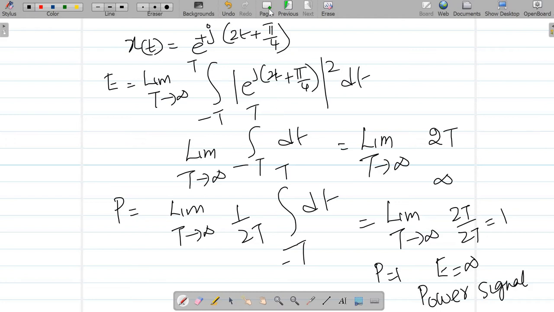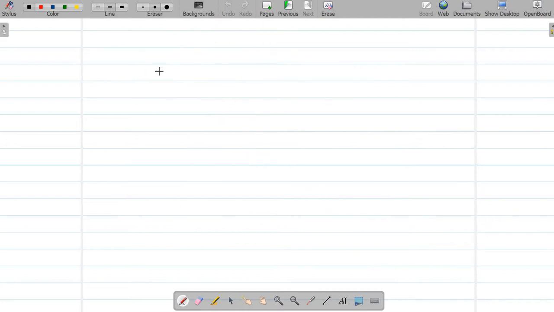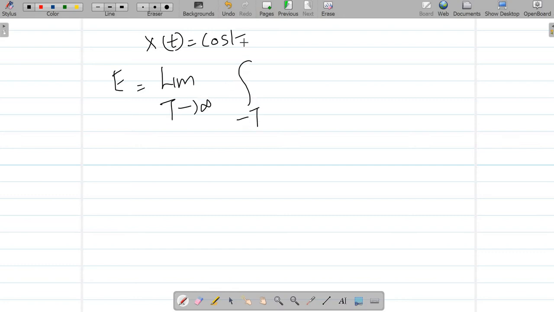Okay, so let's take another example. Let us say x of t is equal to cos t. So E is equal to limit t tending to infinity of the integral from minus t to plus t of cos squared t, within modulus squared.